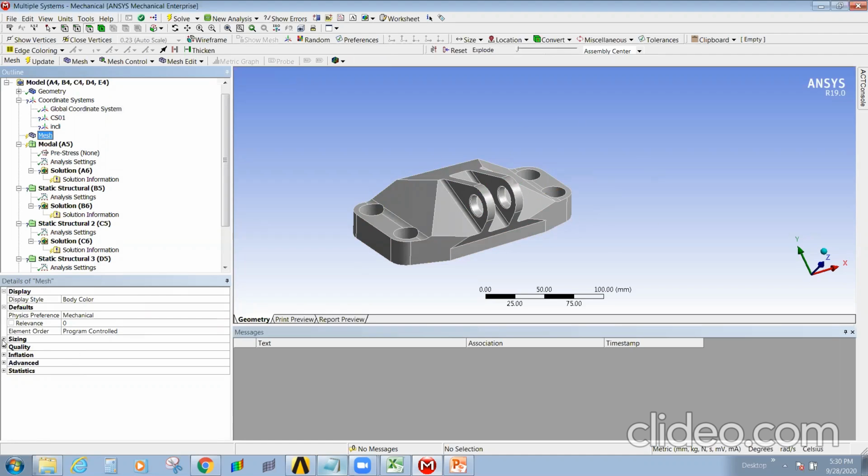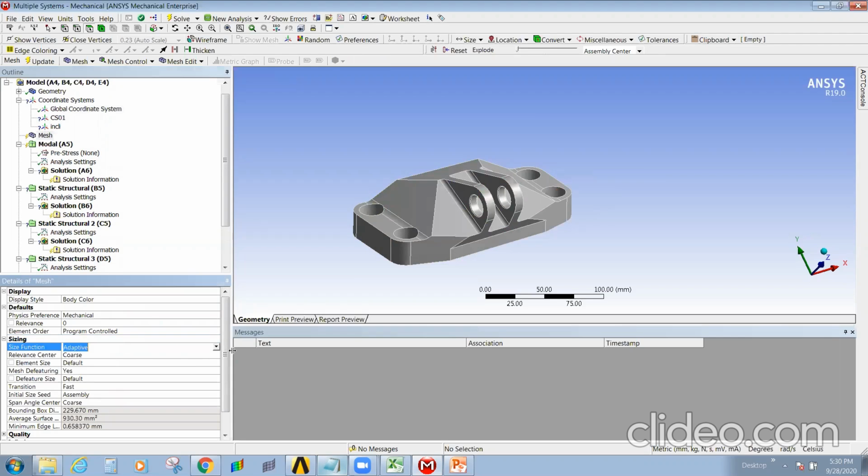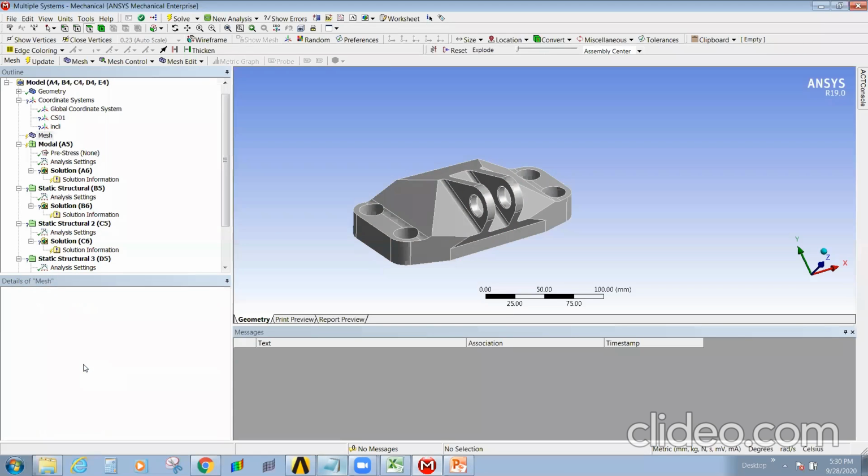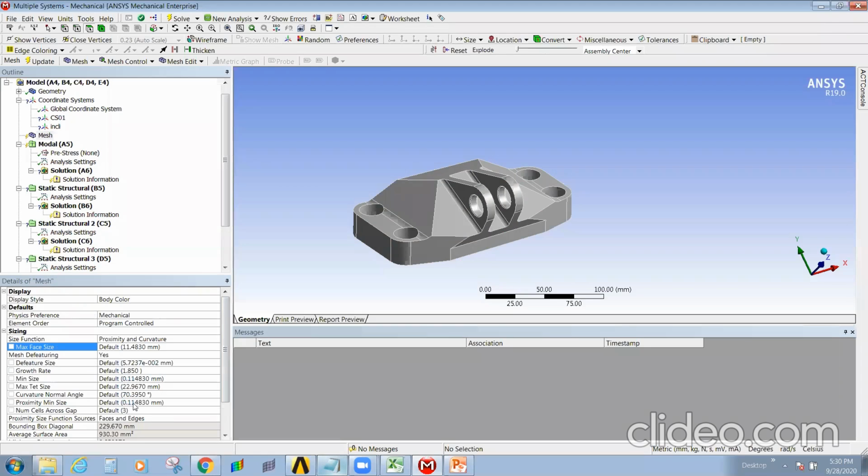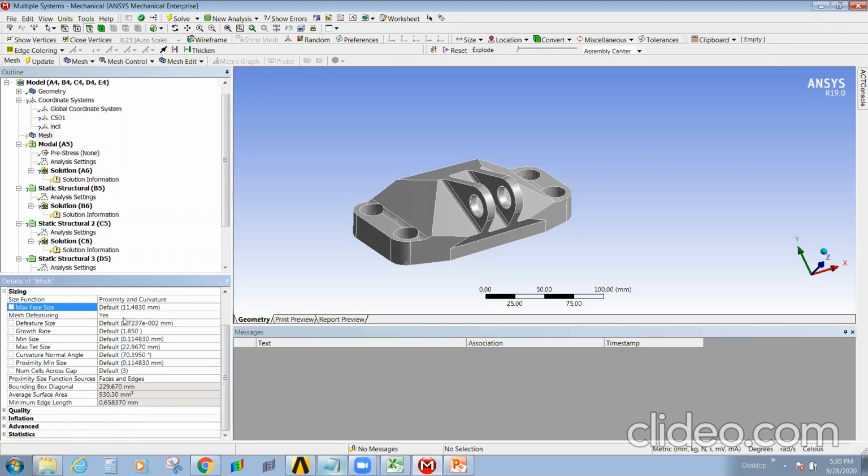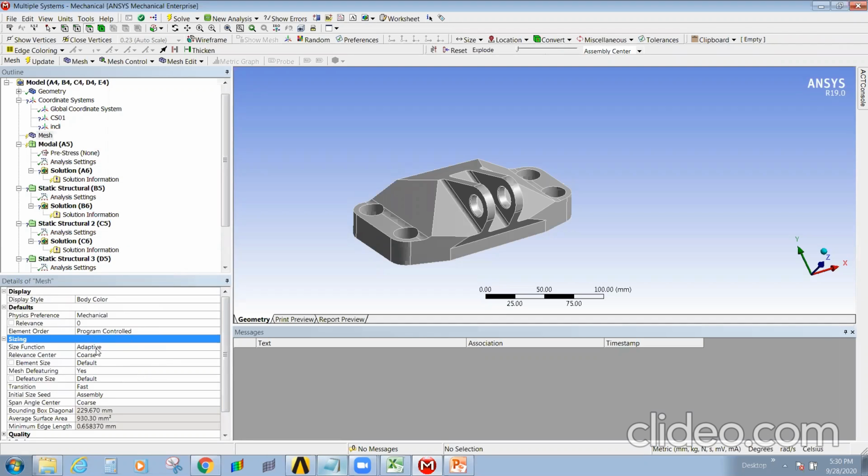How do I take it? I'll go to sizing, and take adaptive with proximity and curvature. Here all the values are default, or else I'll go for adaptive and take medium or fine, anyone you can take.